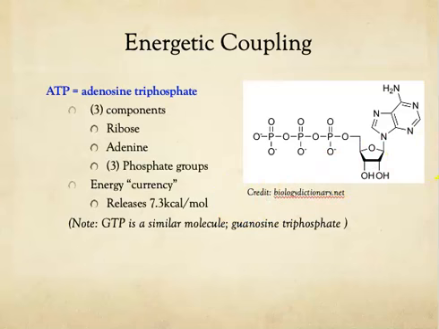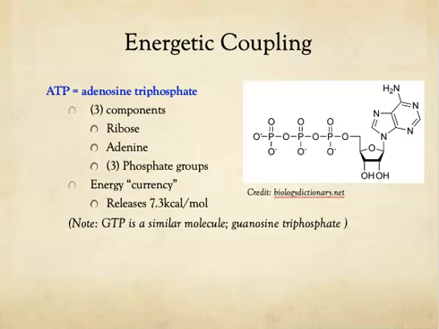Now, there is a second molecule that is very closely related to ATP. It looks a lot like ATP, except the base is guanine, not adenine. And that one is called guanosine triphosphate, GTP.